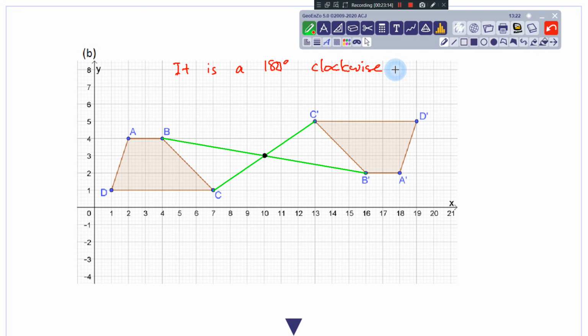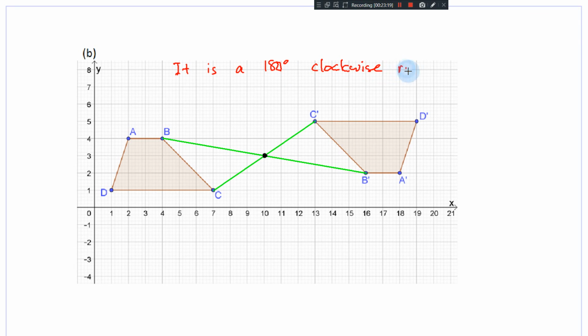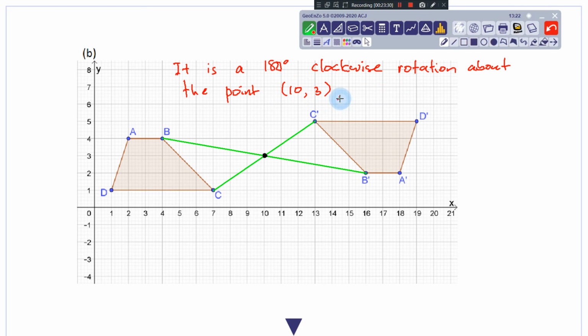If you don't want, you can write anti-clockwise because same thing, 180 degree. Clockwise rotation about the point 10 trade.